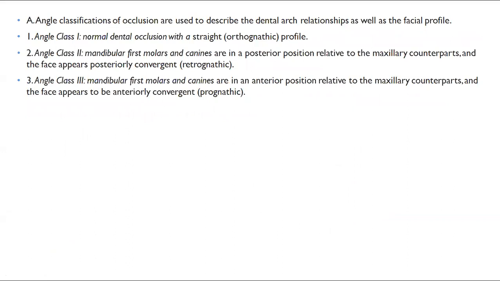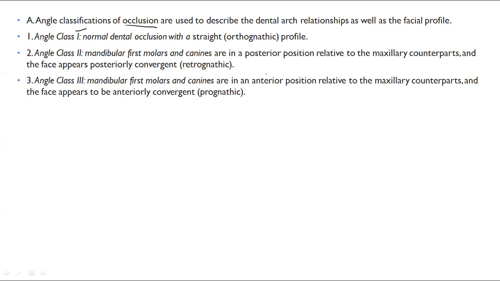Now, Angle's classification of occlusion is used to describe the dental arch relationships as well as the facial profile. Angle's class 1: normal dental occlusion with a straight profile. Angle's class 2 is a retrognathic jaw.